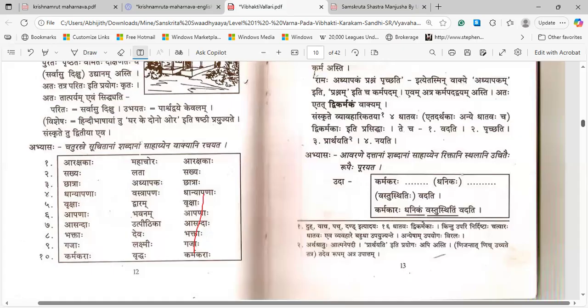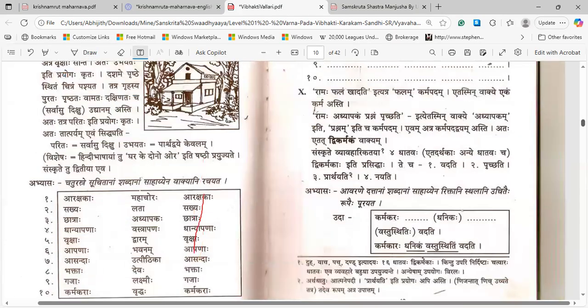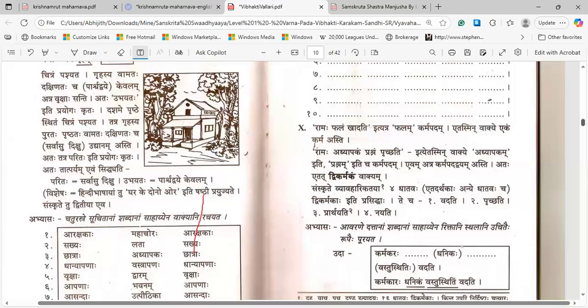Now, is it necessary to have only one karma? No, there are certain places where more than one karma can be used. If you remember, for one of the exercises, we added asti, but without asti also it was making good sense, like gachati, that ended it. But we added asti over there.